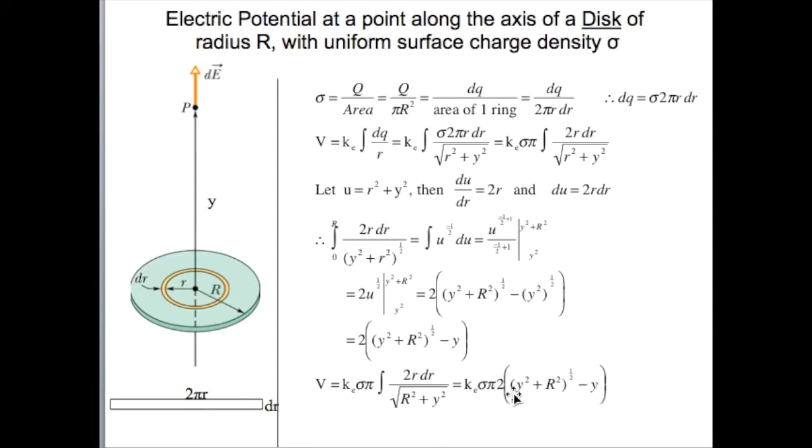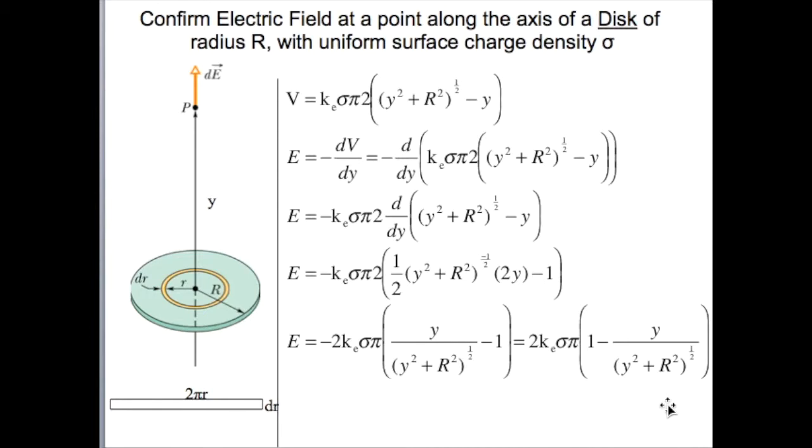Kind of a nasty formula, but that's what we get. To find the electric field, then, if we take the derivative of this formula, we end up with this, right, which is what we had found before for the electric field due to a disk.